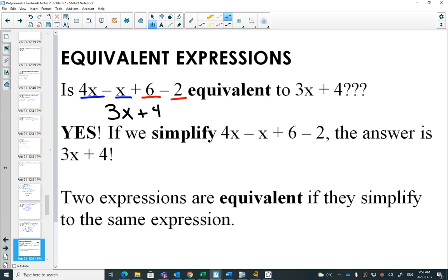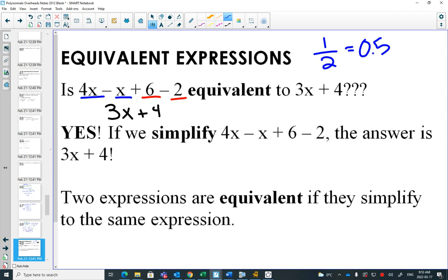And you've dealt with things that are equivalent before. For example, with fractions. Can you tell me something that is equivalent to 1/2 but does not look like 1/2? What's that? 0.5. Those are equal to each other but don't look like each other.